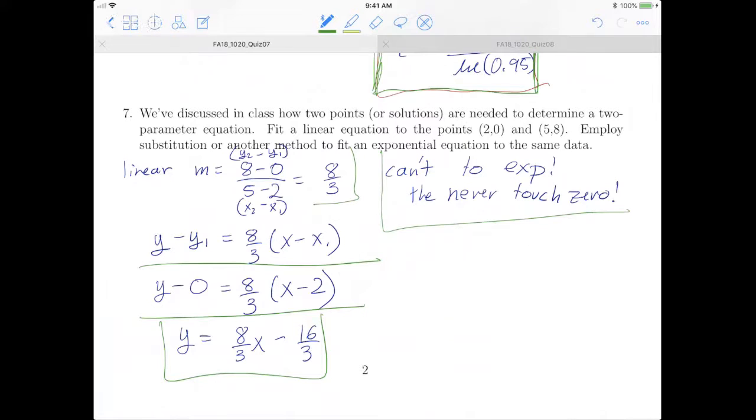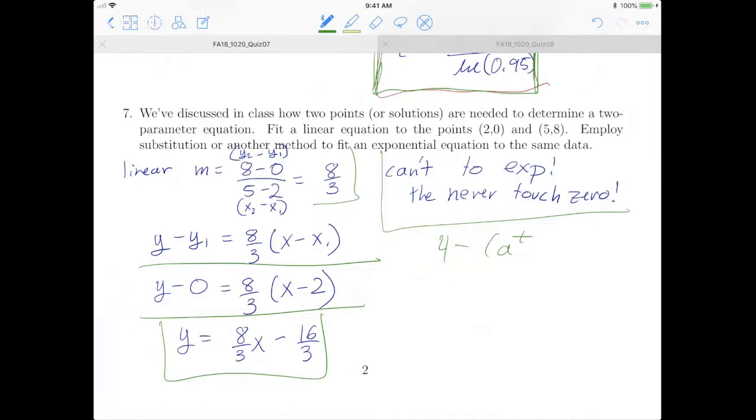Now, a couple people came up with a combination of exponentials and a constant, like a number. So we had like a 4 minus a cat. You can play in Desmos and set those parameters up, but it's a little beyond the scope of this course.